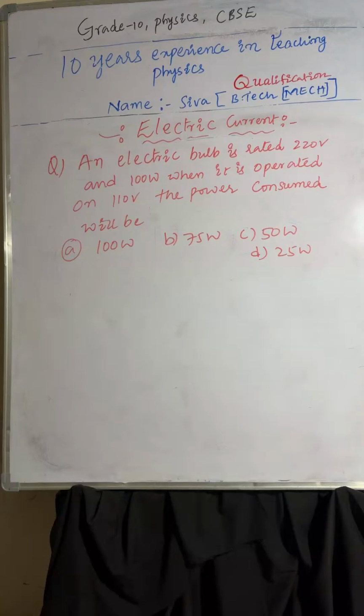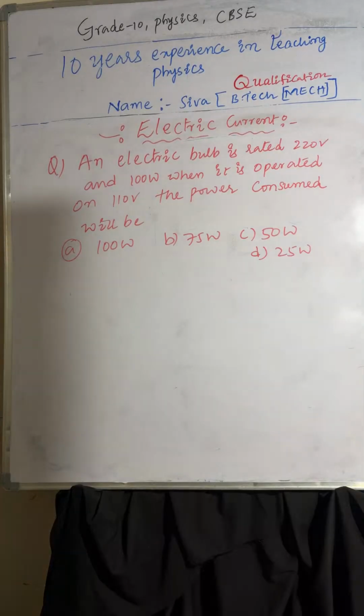Power is given and potential difference is given. Find out the resistance. Then when it is operated at 110, you can use that resistance because the electrical bulb is the same. Resistance also will be the same. Understood or not?